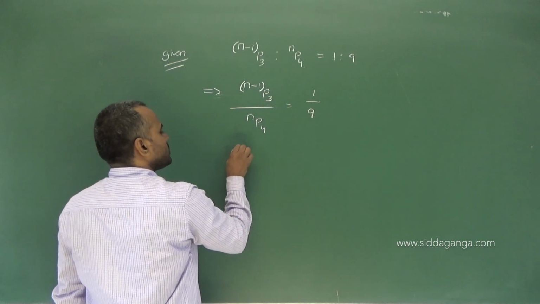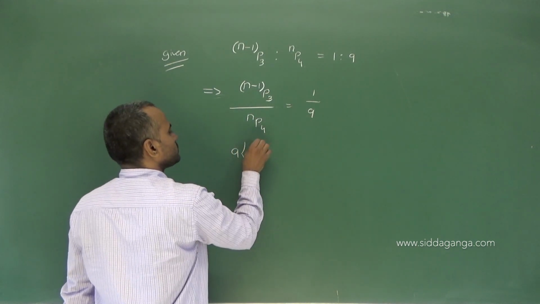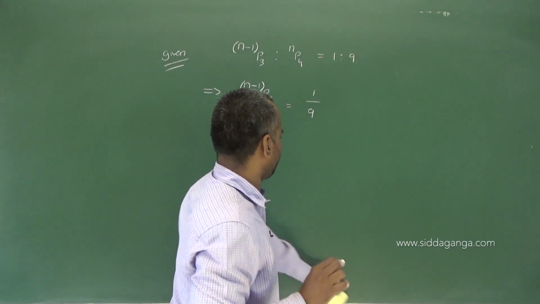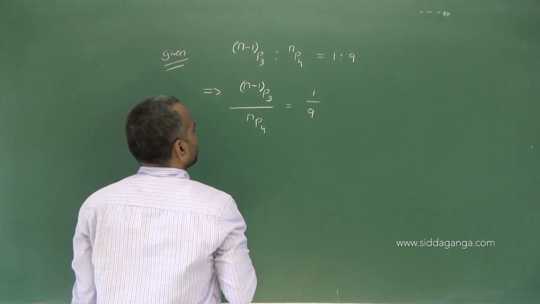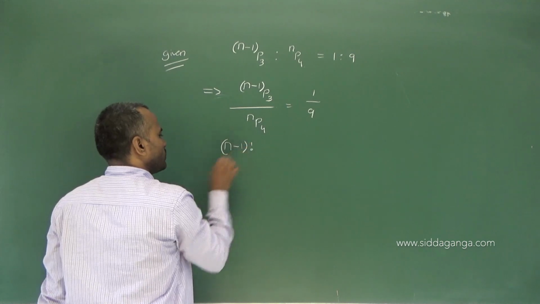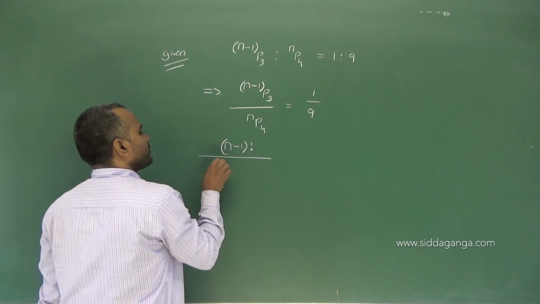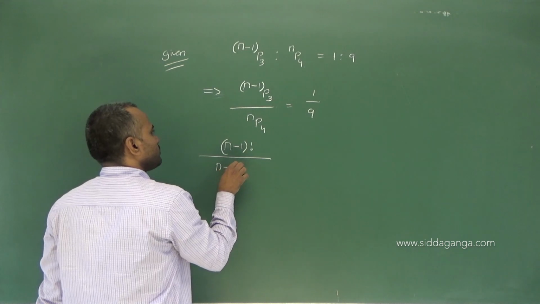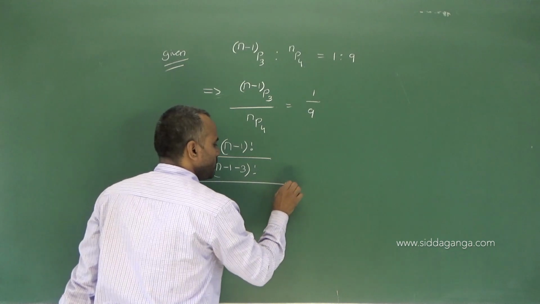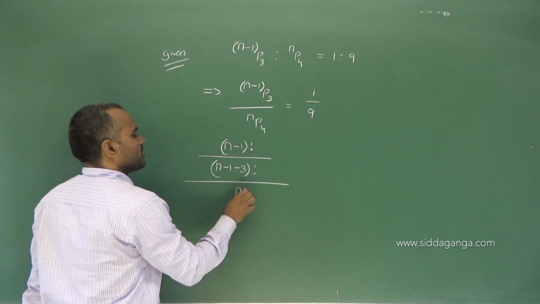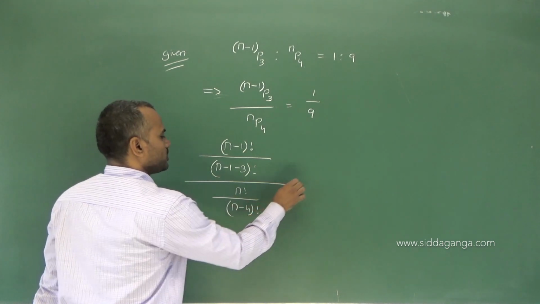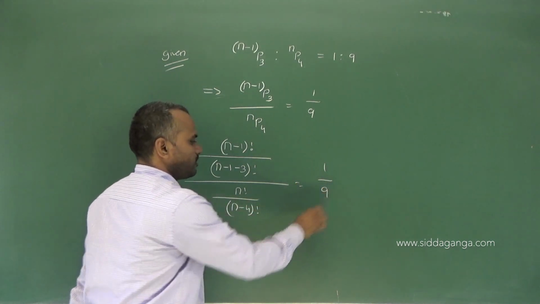Here (n-1)P3 is (n-1) factorial divided by (n-1-3) factorial, whole divided by n factorial divided by (n-4) factorial, is equal to 1 divided by 9.